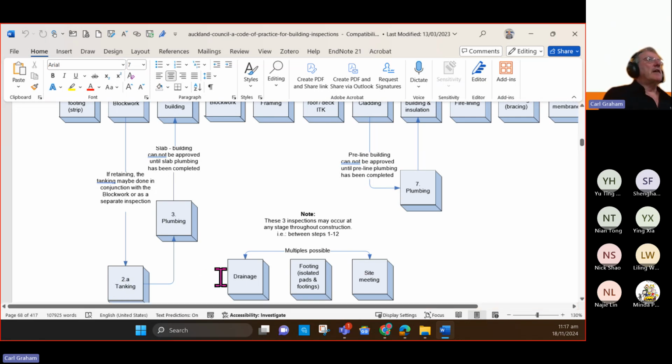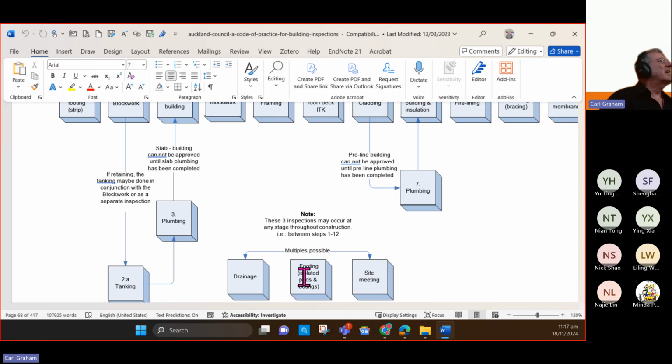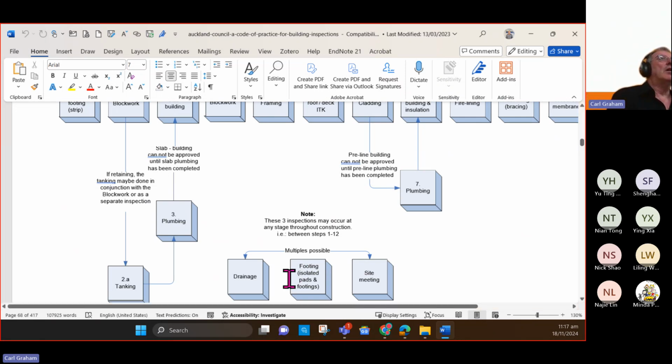And drainage, that's self-explanatory, that's another inspection. And isolated pads, foundations, maybe you're going to put in a big pergola, or an extension of the lounge or whatever, or it could be a big deck that's being built. That's what the isolated pads are.